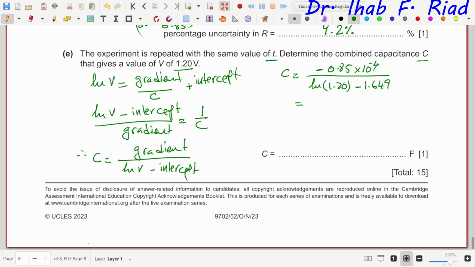Oh, we have a minus here. The gradient has a minus sign. So how much was it? 0.579 times 10 to the power minus 4 farads. It is 0.59 times 10 to the power minus 4 farads.